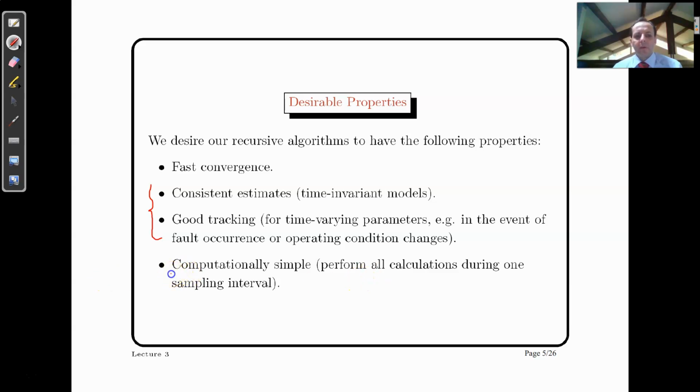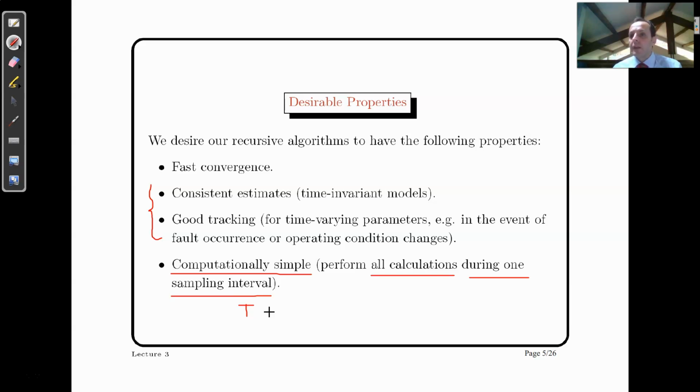The fourth requirement is, again, quite intuitive: it should be computationally simple. All calculations should be performed during your sampling interval. If your sampling interval is capital T, all your computations need to be concluded within this sampling interval.